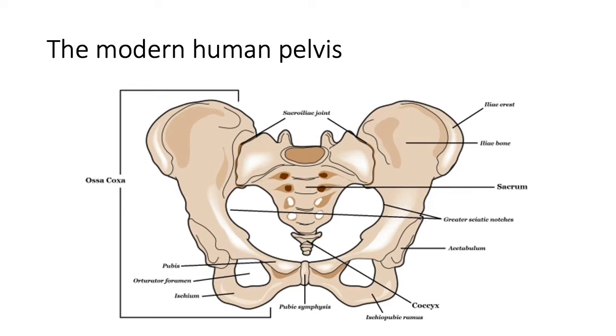You can see shown here a number of the different portions of that. The whole thing is referred to as the os coxa. The sacrum is the portion of that conjoining of skeletal elements that actually attaches to your lower vertebral column, your lower spine.